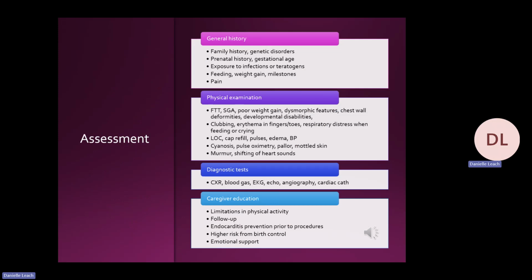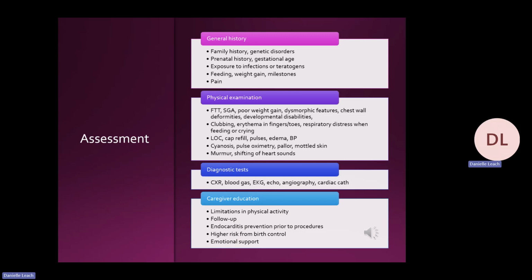So if we are assessing a child that we suspect has a cardiovascular problem or a history of a cardiovascular disorder, we can take a general history, things like a family history, any genetic disorders that run in the family, as we've talked about before, some genetic disorders can also have congenital heart abnormalities that go along with them.